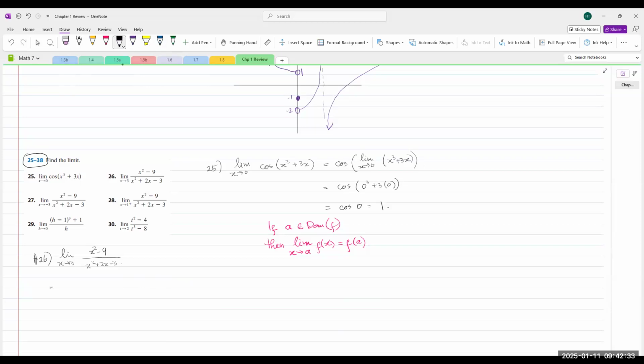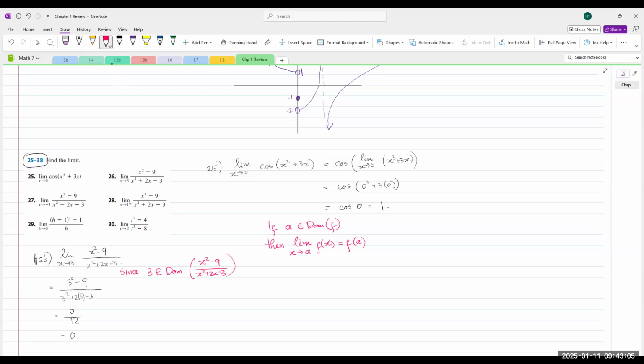So this equals 3 squared minus 9 over 3 squared plus 2 times 3 minus 3. That's 0 over 9 plus 6 minus 3, 12. That equals 0. But I'll put a note here: 3 is in the domain of that function, x squared minus 9 over x squared plus 2x minus 3.